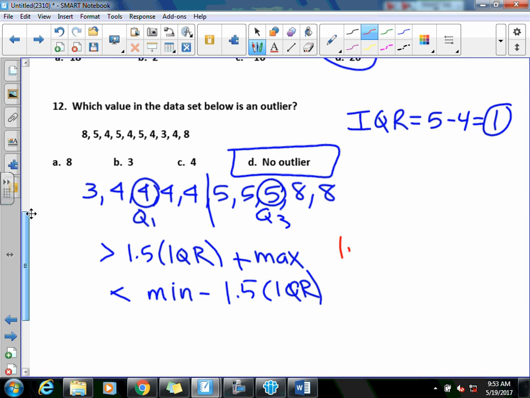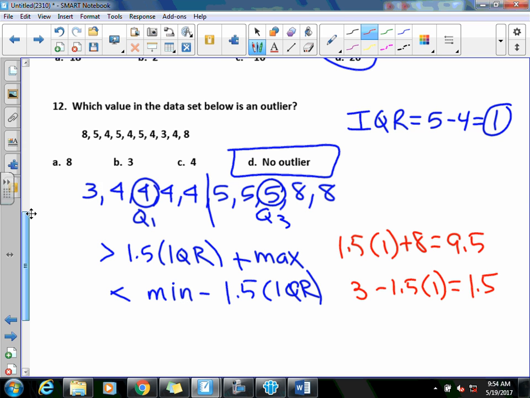So we're going to do 1.5 times 1, and we're going to add 8. That's 9.5. Are there any numbers in my list that are bigger than 9.5? No. So there's no upper outlier. Okay? So now we're going to do 3 minus 1.5 times 1, which is 1.5.